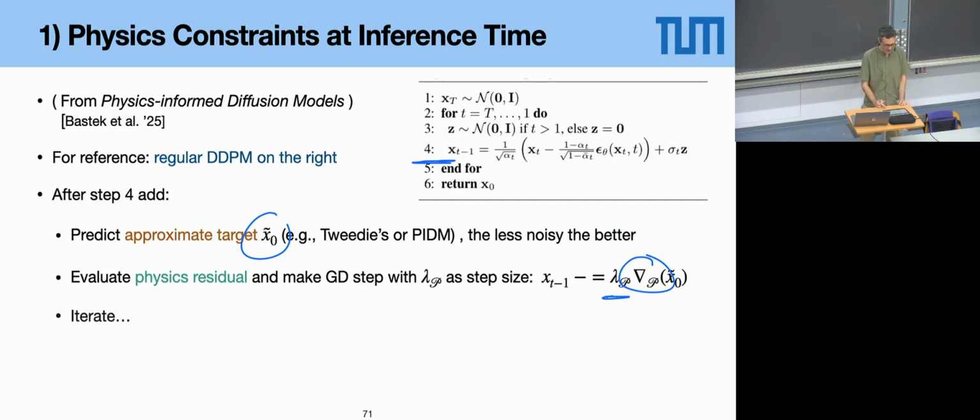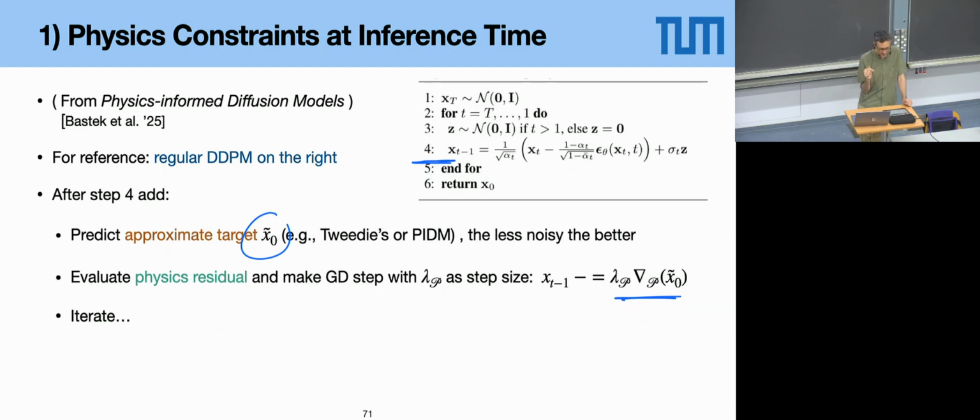Yeah, and then you basically repeat this. So that, as they argue, basically step by step helps you to enforce these physical constraints along the way of the diffusion chain. It's typically also no full guarantee.